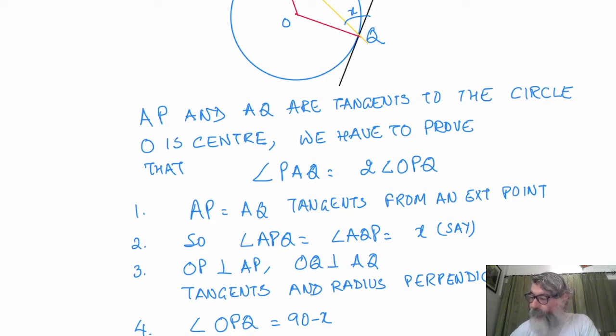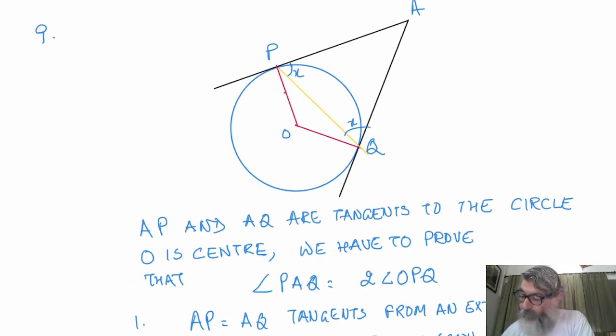I'll show it in the figure for your benefit. This angle will be 90 minus x, and this angle will be 90 minus x. Why? Because the complete angle APO is 90, but one angle APQ is x, so that will be 90 minus x.